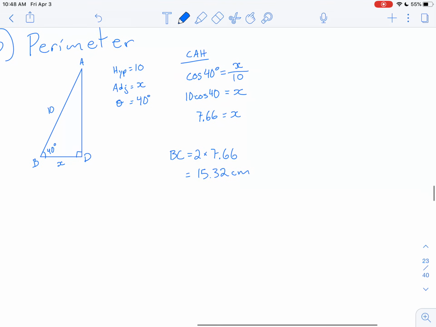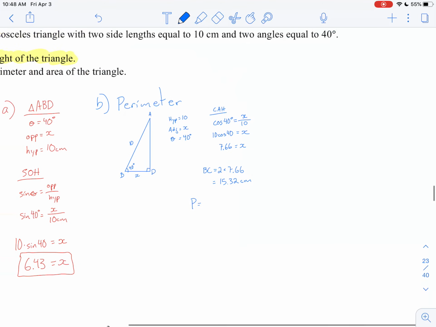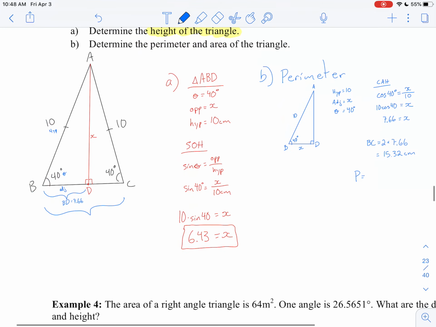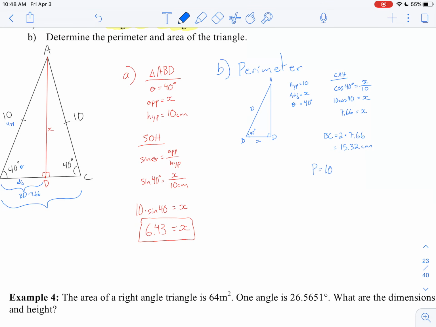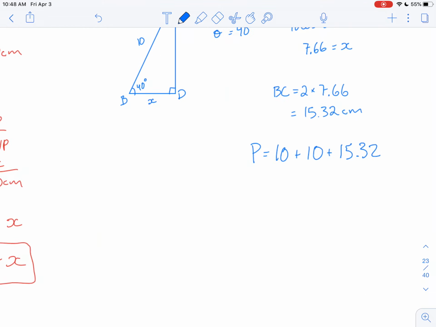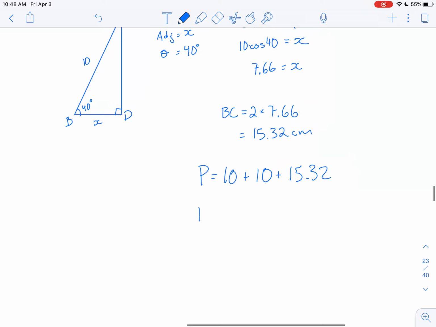So then the total perimeter is going to equal side AB plus BC plus CA. That's going to be 10 plus 10 plus 15.32. And I get the total answer of perimeter equal to 35.32 centimeters.